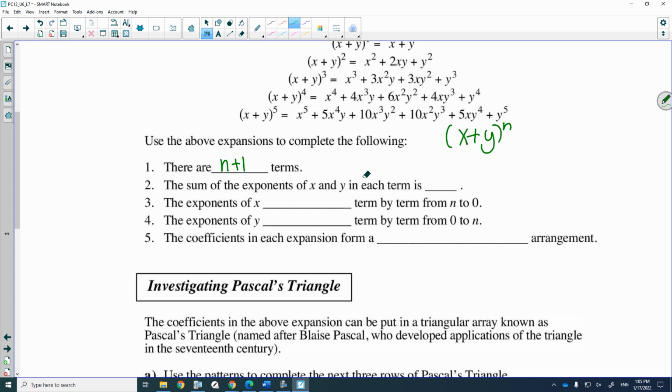The sum of the exponents of x and y in each term is n. The exponents of x, remember it was x to the 5, x to the 4, x to the 3. The exponents of x decrease, and the exponents of y increase. And what happens with Pascal's triangle? It actually forms a symmetrical arrangement.